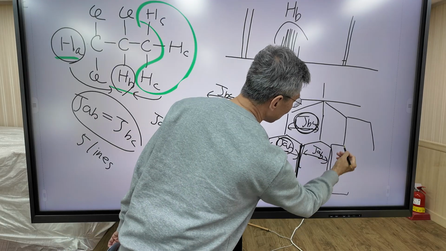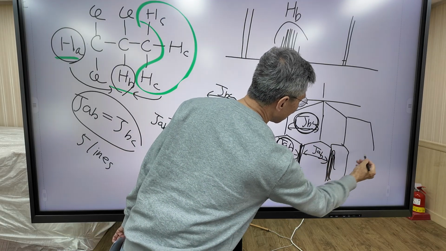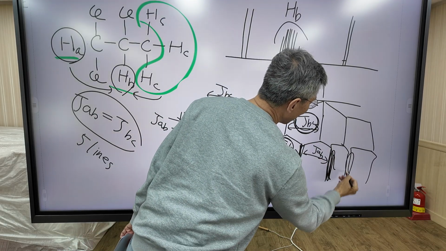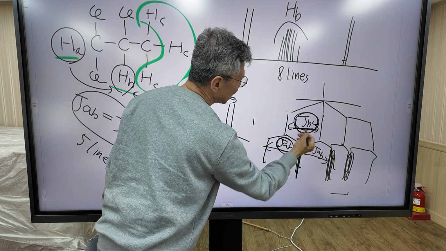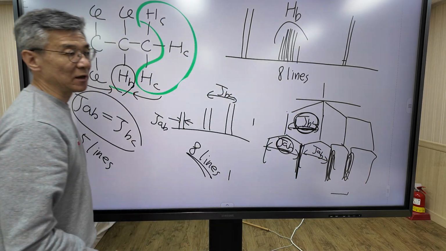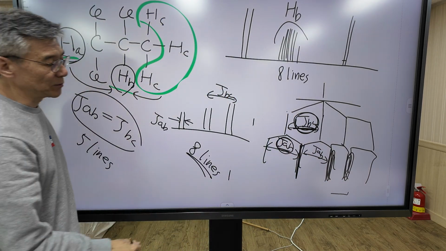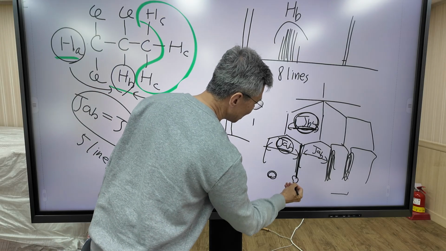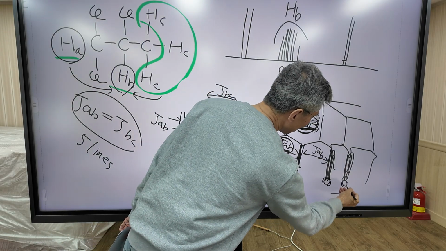These two lines overlap. If JBC is equal to JAB, then we only observe 1, 2, 3, 4, 5.